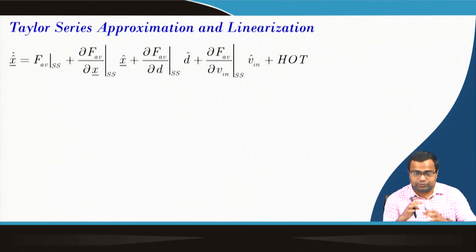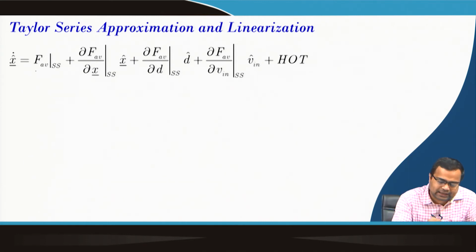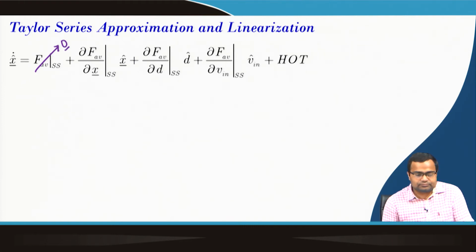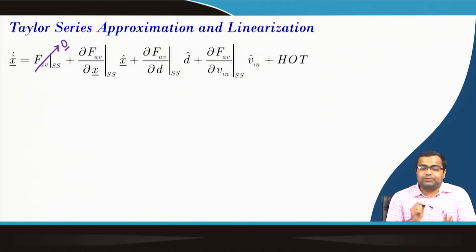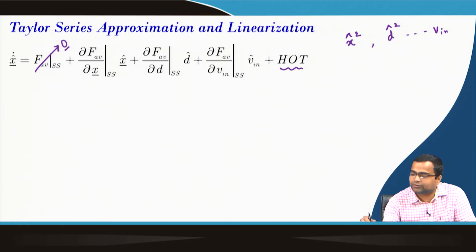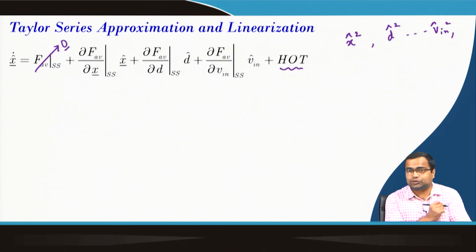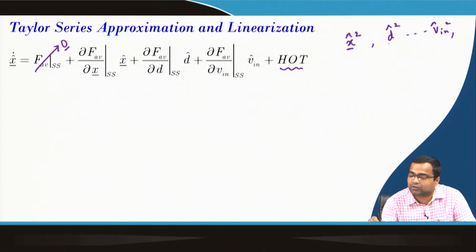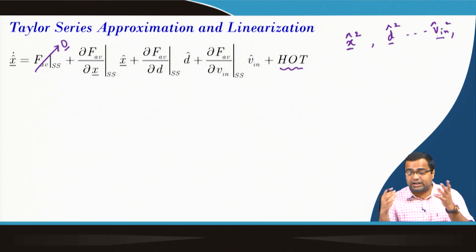Now, the next part, we need to do linearization, and we discussed that this term will eventually become 0. Okay? If we want to do Taylor series linearization, the higher order terms consist of x hat square, d hat square and so on. It will also consist of v in hat square and other higher order terms, and we are assuming these perturbation squares or perturbation products are negligible.